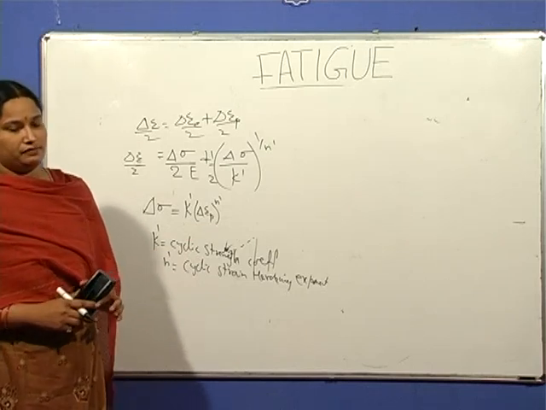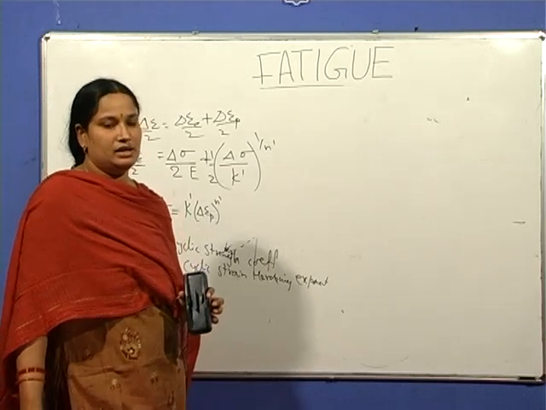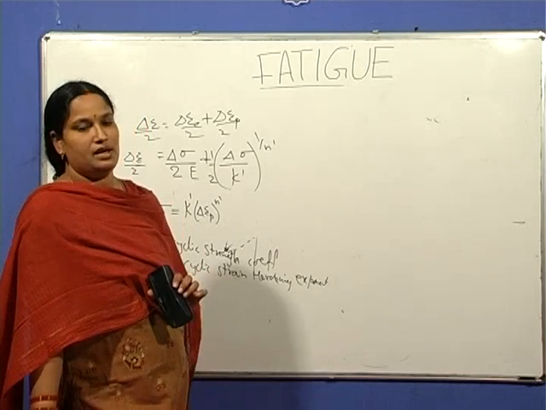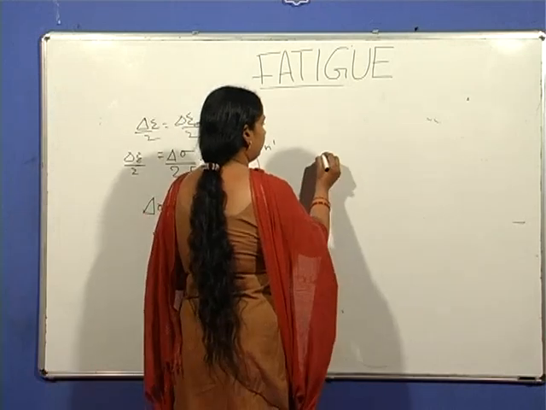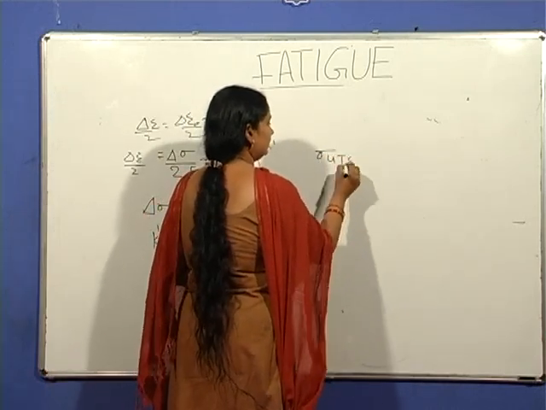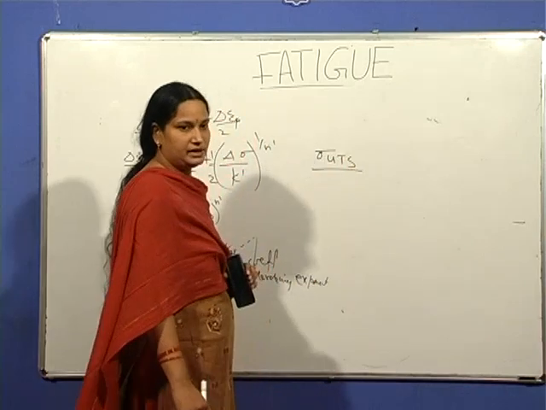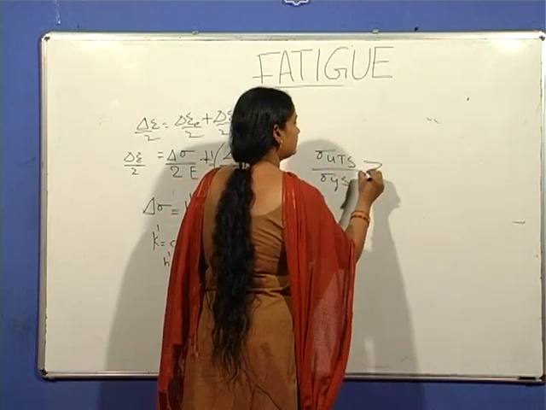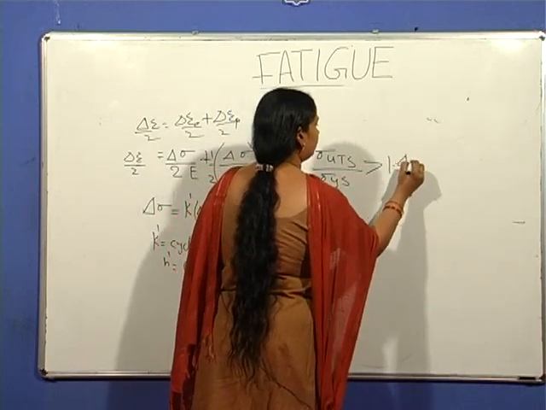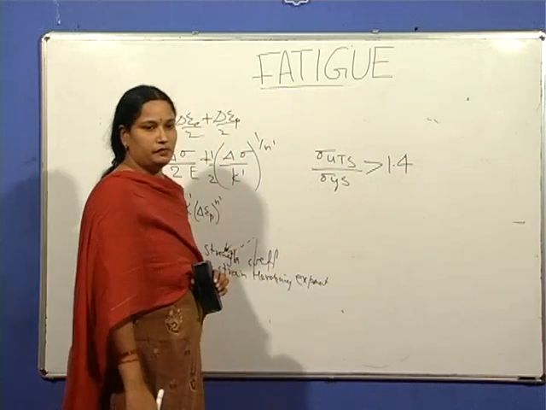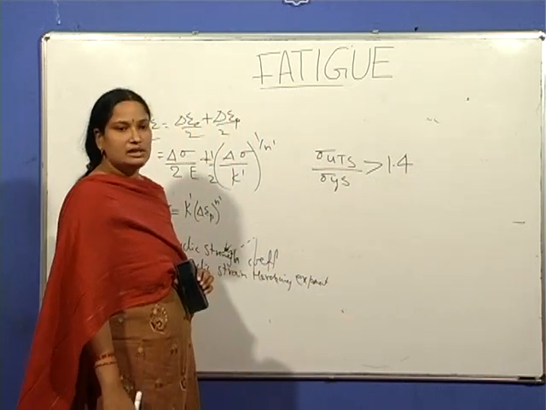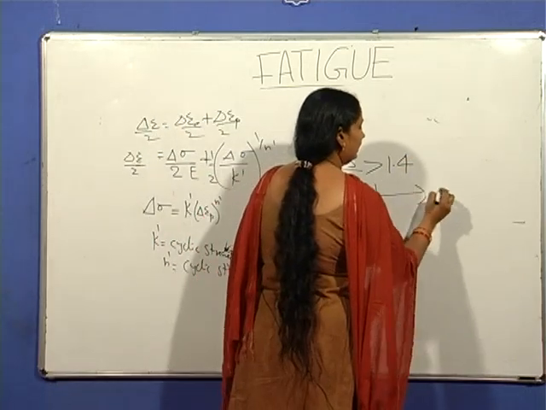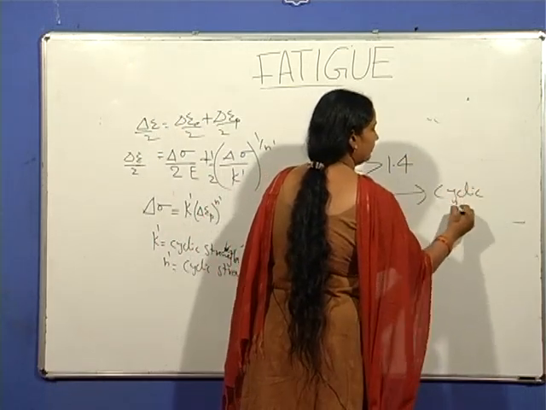Whether a material undergoes cyclic hardening or cyclic softening depends upon the initial condition, as well as the ratio of the monotonic ultimate tensile strength to the yield strength. If this ratio of ultimate tensile strength to yield strength is greater than 1.4, then the material will undergo cyclic hardening.